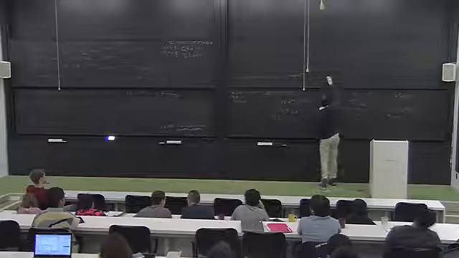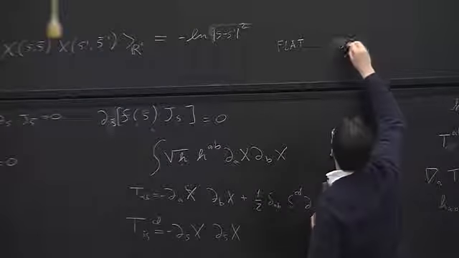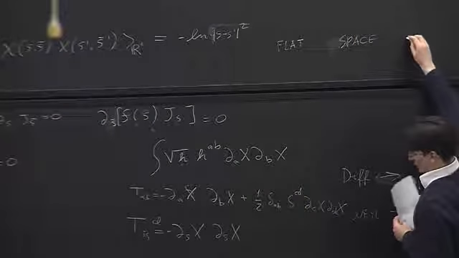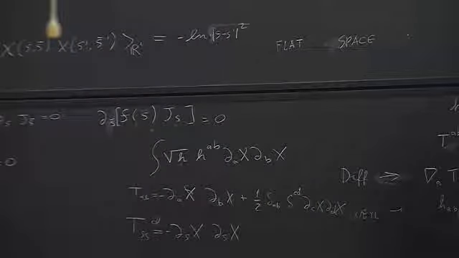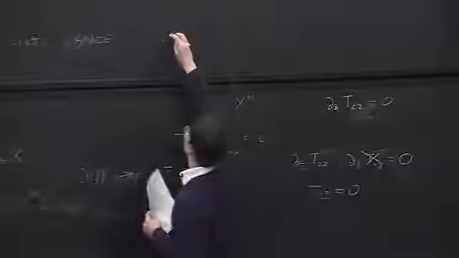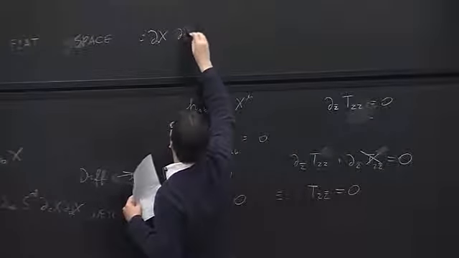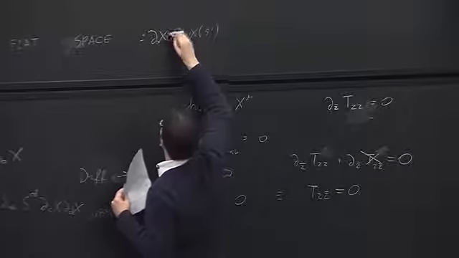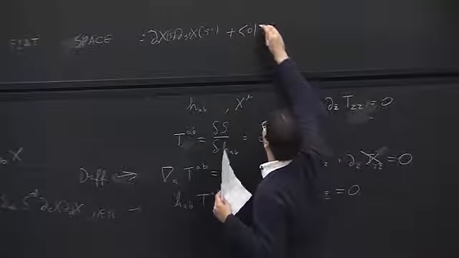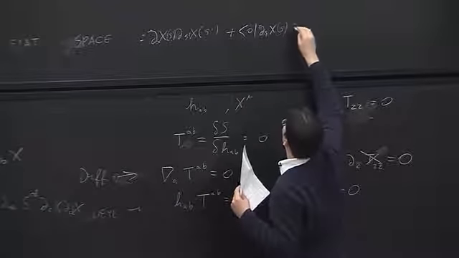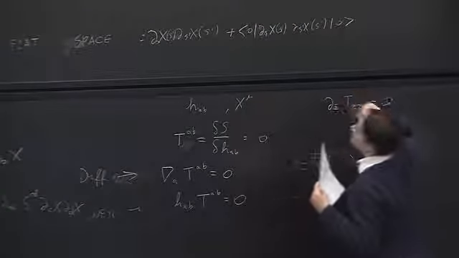So it's pretty much equivalent in flat space to say, okay, I take my tentative expression, I remove the vacuum expectation value, and then I take the limit.